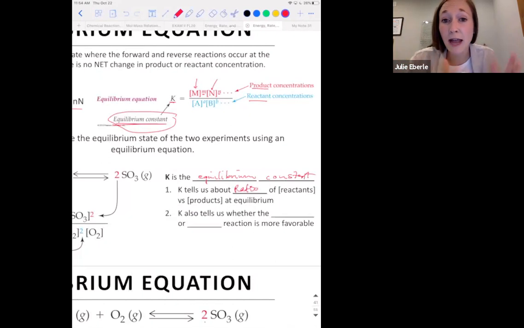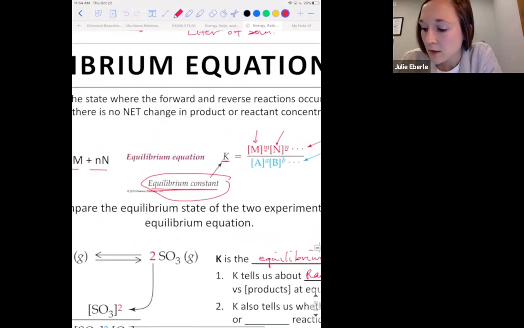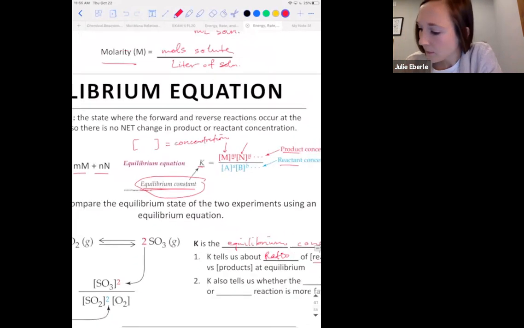Do we have a lot of reactants at equilibrium or do we have a lot of products? It tells us about the ratio of the concentration of the reactants versus products. And you may have noticed, but to indicate concentration, we put brackets. This means concentration. So anytime you see a letter or a chemical formula in brackets, what you need to plug in there is the concentration for that reactant or product, okay?